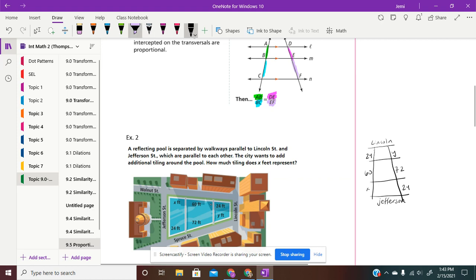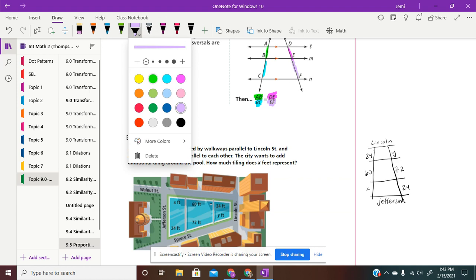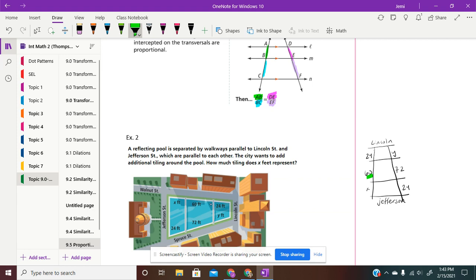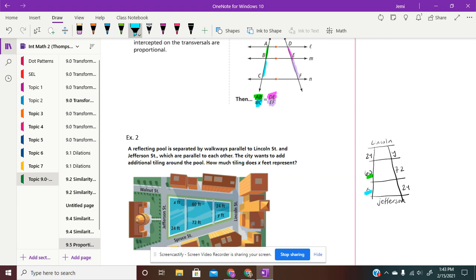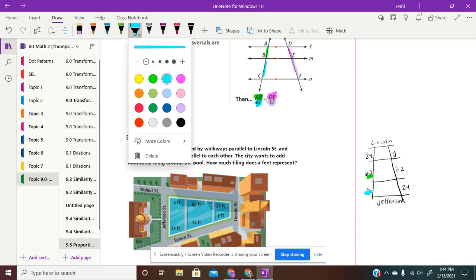So to set up a proportion, I can use my color coordinating again, if you'd like. This is going to get a little bit lost after we do the first one here, but hang with me. Okay. So if I do 60 over x, I've got to use the proportion with x, right? So I've got a pair, 60 and 72, that have whole numbers. And then what goes with x?